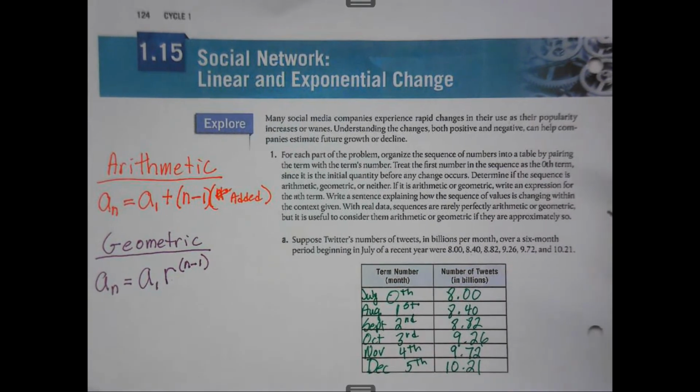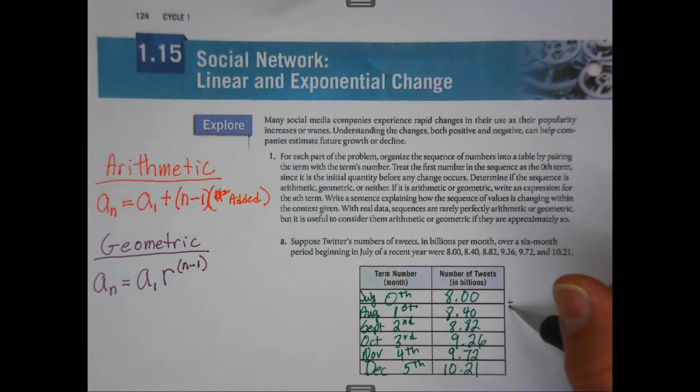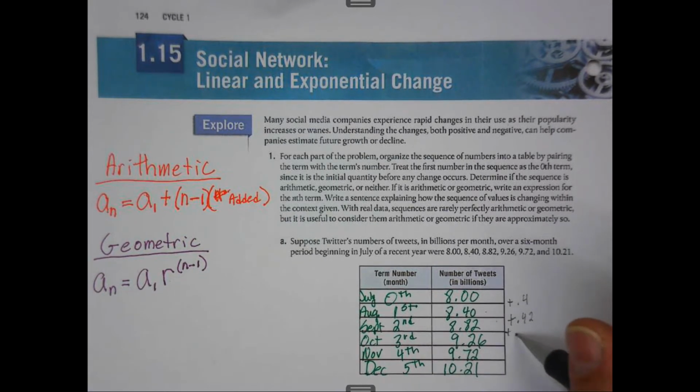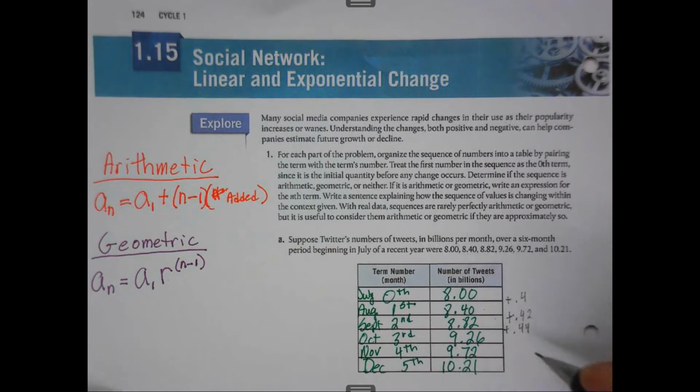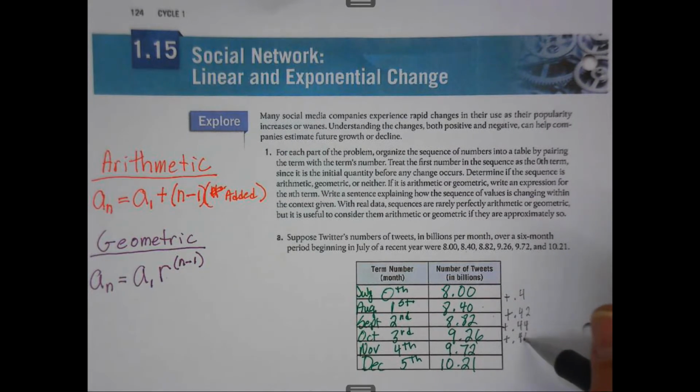So I'm going to write this in pencil because this may not be arithmetic. See, we add 0.4. We're going to add 0.42. We're going to add 0.44. We're going to add 0.46.